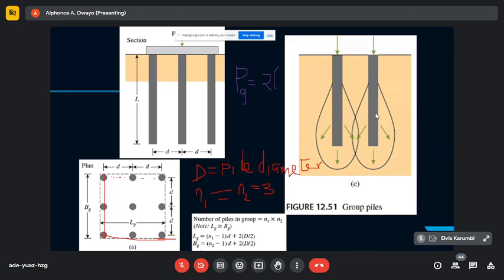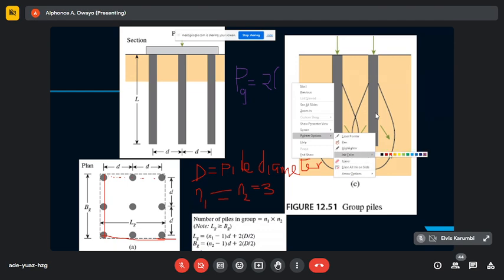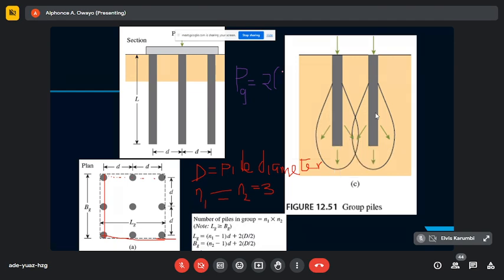Class rep, appoint someone to answer that question. Two into bracket BG plus LG.